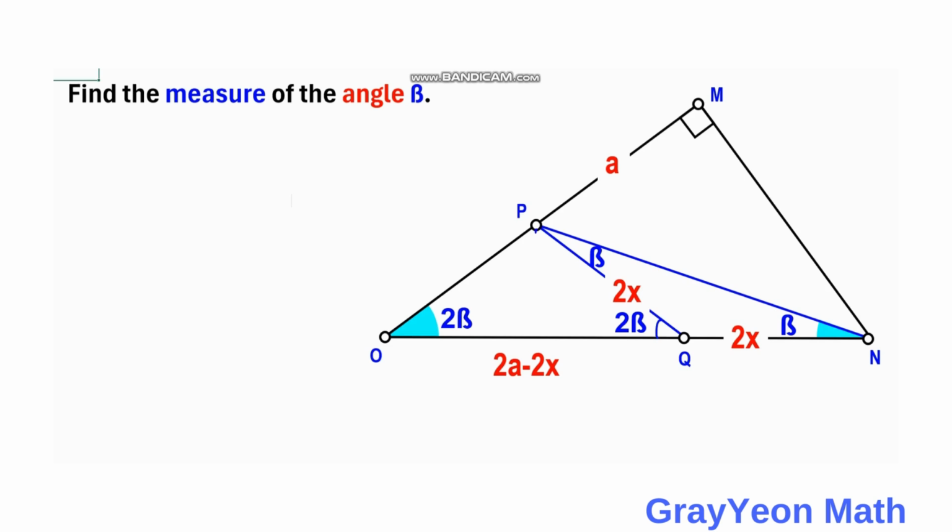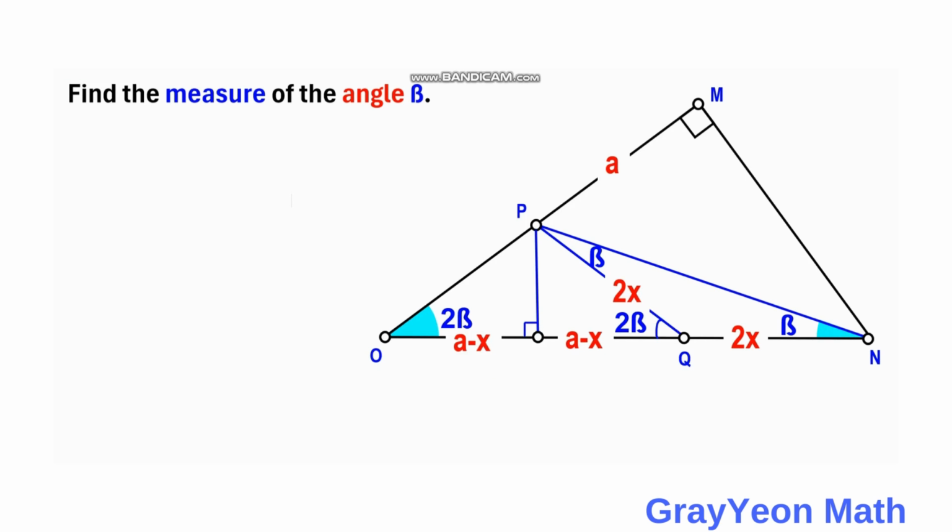If we draw a line from P perpendicular to OQ, we can simply divide this 2a minus 2x by 2, and this becomes a minus x. That is the reason why I chose 2x, not just x, because it is easier to divide 2a minus 2x by 2.